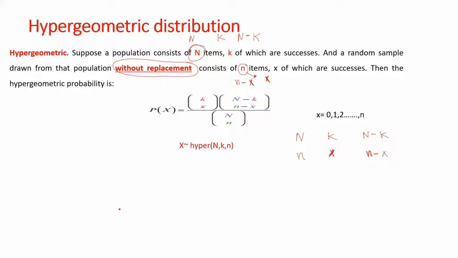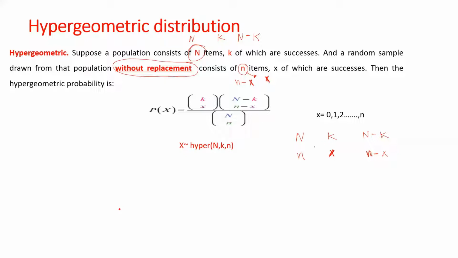We write K combination X, X successes out of K successes, multiplied by N minus K not successes combination n minus x not successes, over the total number of selections. We select n sample out of N capital population.